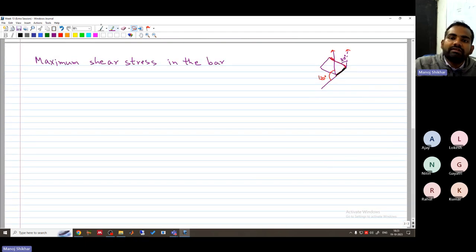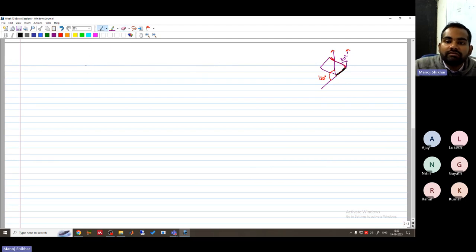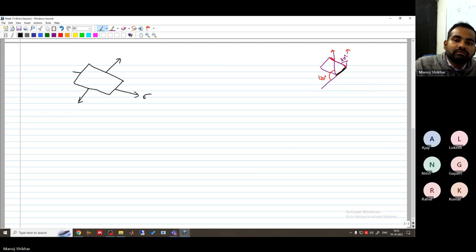So if I draw the diagram here, it will be something like this. Normal stresses on these planes, normal stresses on these planes. Okay, and then there will be shear stresses here.